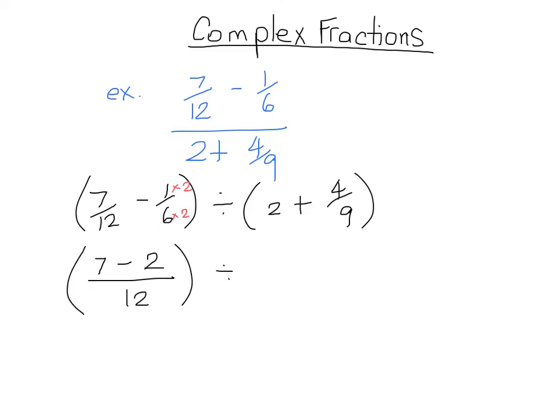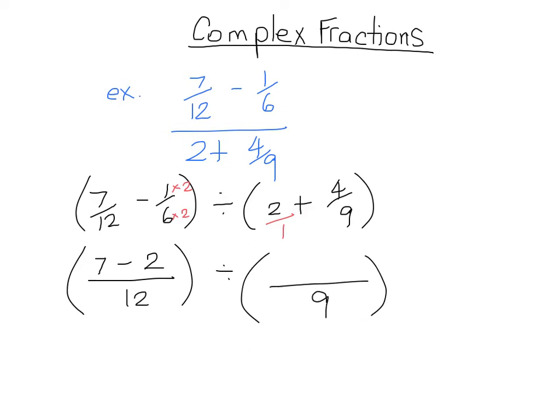Now we're going to simplify the next side as well. So keep in mind that 2, though it doesn't look like a fraction, it is in fact a fraction, and it's over 1. Okay, so we have 2 over 1 plus 4 over 9. Now our lowest common multiple of 1 and 9 is just 9. So we can put it all over 9 on this side.